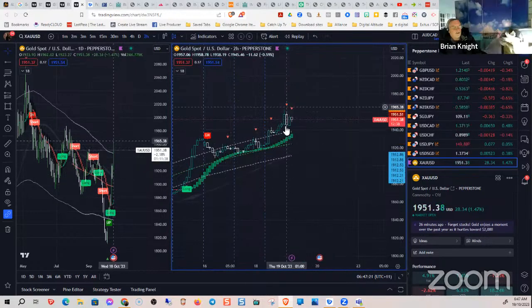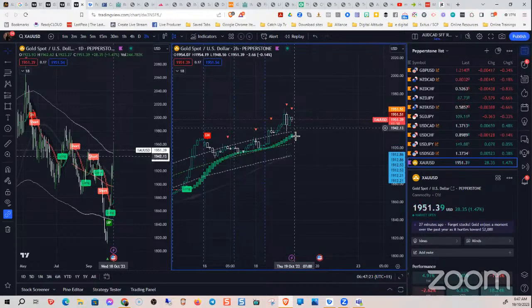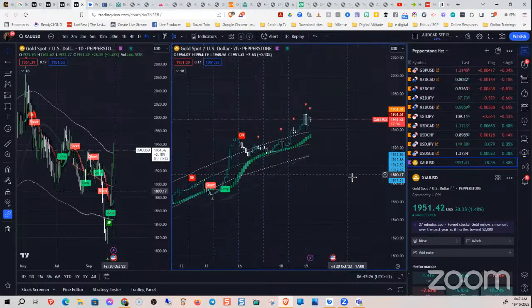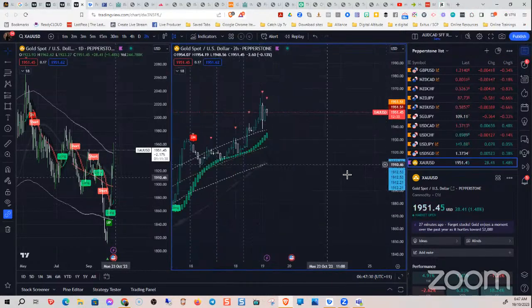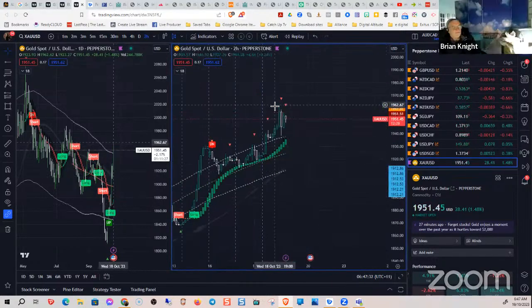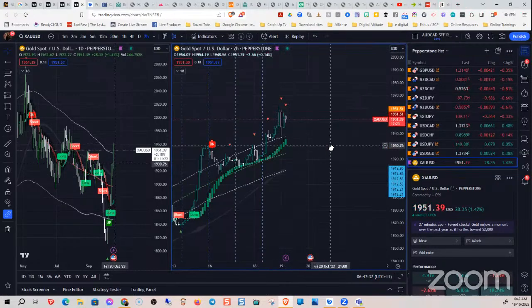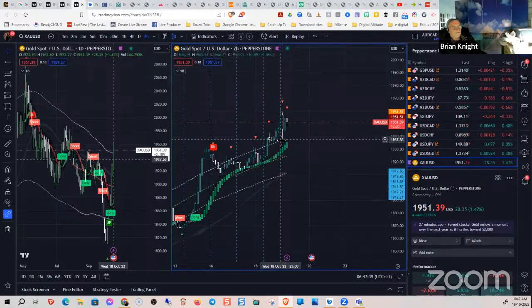You see that engulfing one there? Now we're looking at it. If it doesn't break that high right there, it's got to break the next available white wick, which is that one.